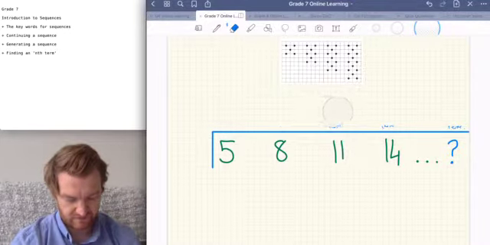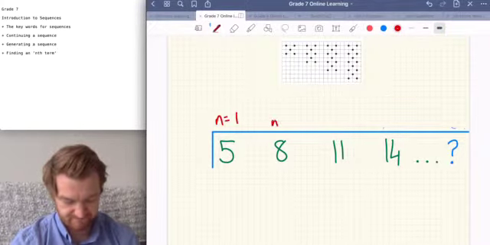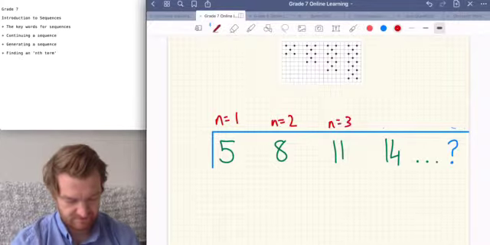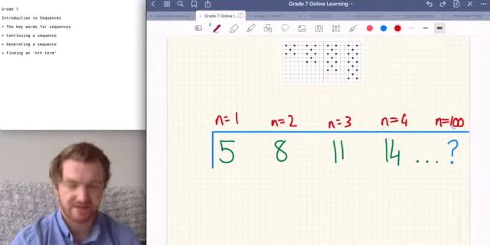You could say, okay, I'm going to say 1, 2, 3, 4, and let's try and find 100 maybe. Let's see if we can do that in a minute.